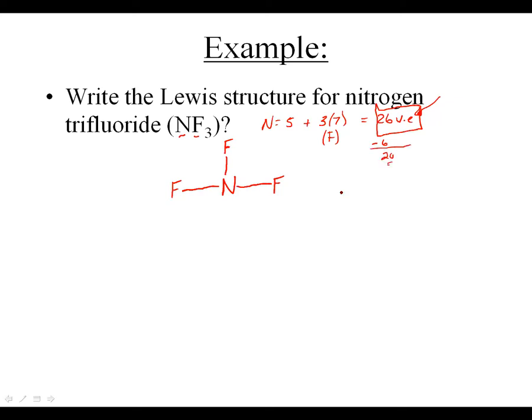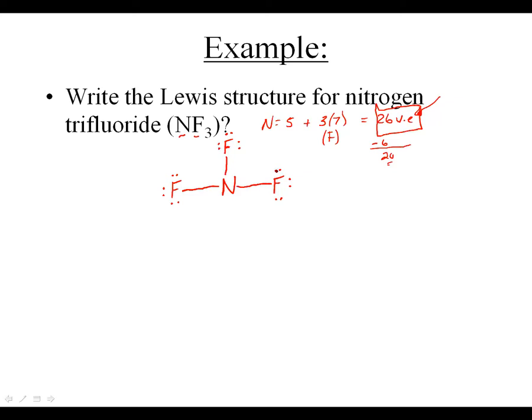Now, those electrons will go on the outside atoms first, again in pairs. So 2, 4, 6, 8. This one is full. 10, 12, 14. This one is full. 16, 18, and 20.